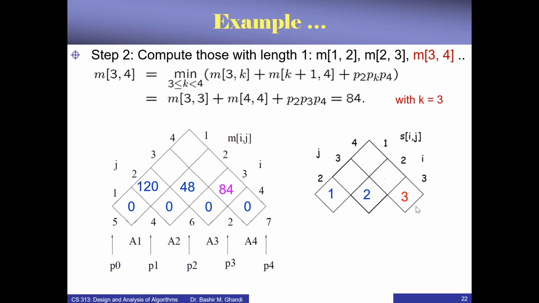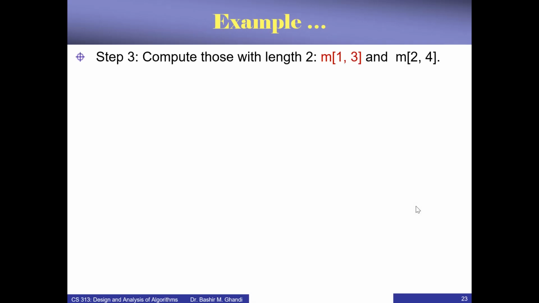Next is to solve problems of length 2. Now, these are the possible problems of length 2: M13 and M24 in this particular example. You can see here K can be either 1 or 2, whereas here K can be either 2 or 3.